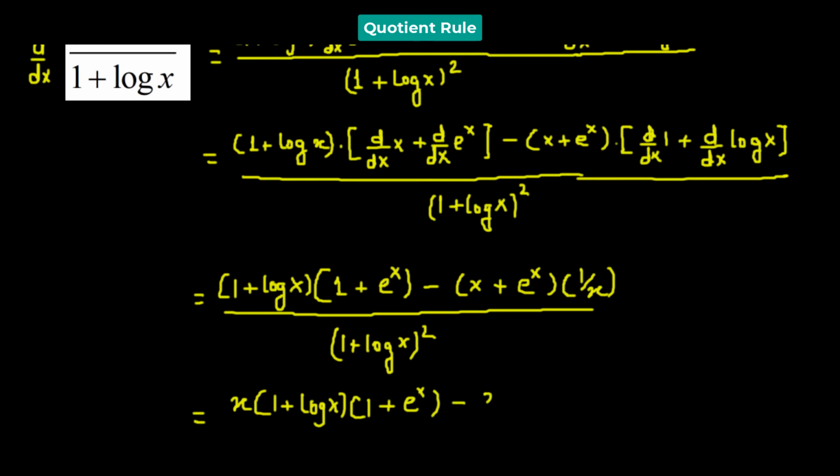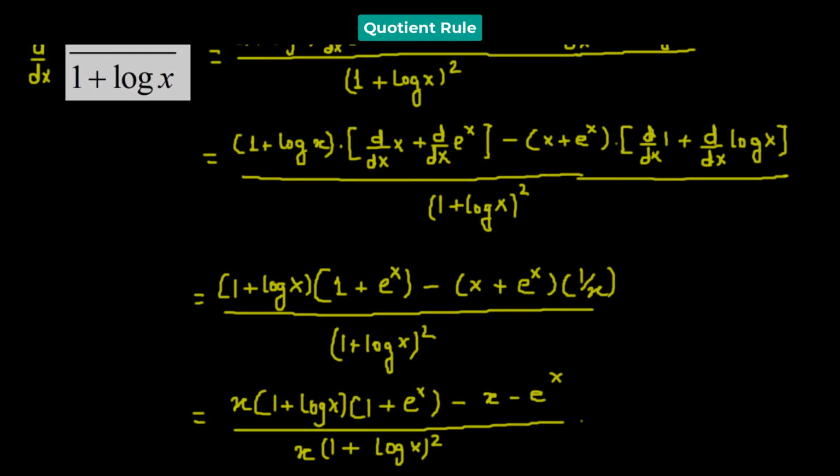So that leaves us with (x minus e raised to the power of x) whole divided by (1 plus log of x) whole squared. So this is the derivative of the given function with respect to x. So let's move on to the next question. Oh, before that, there's a mistake that I made. Since we have multiplied x to the numerator, we need to multiply it to the denominator as well. So this is the derivative. Let's go to the next question.